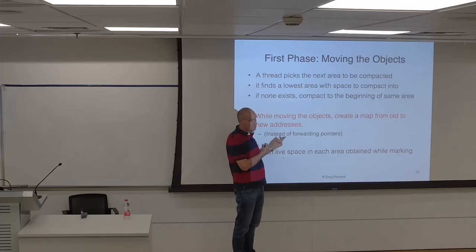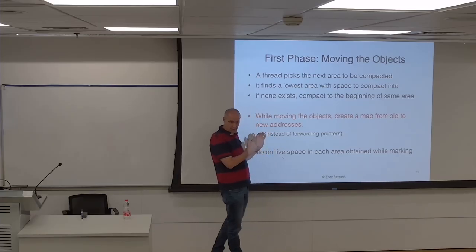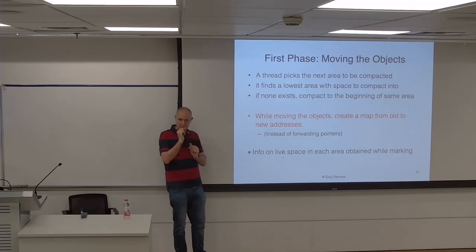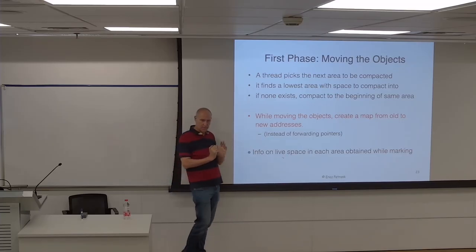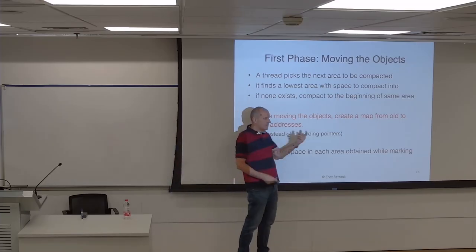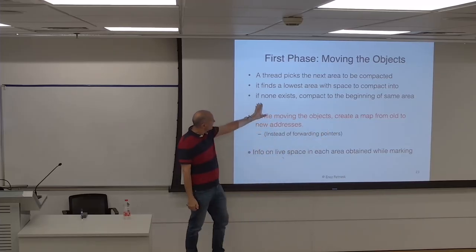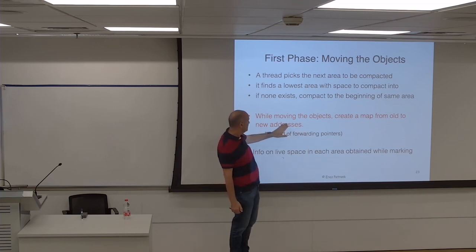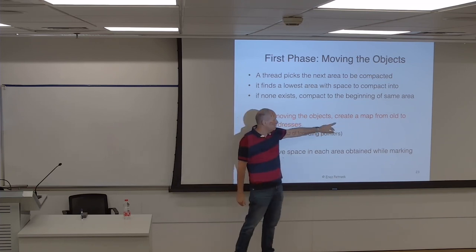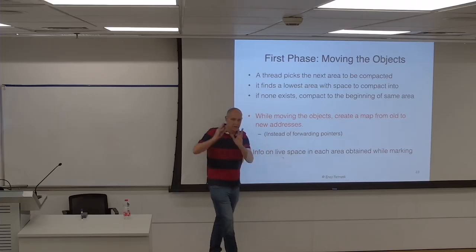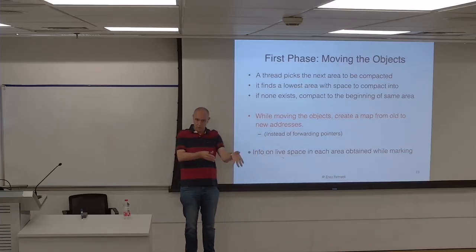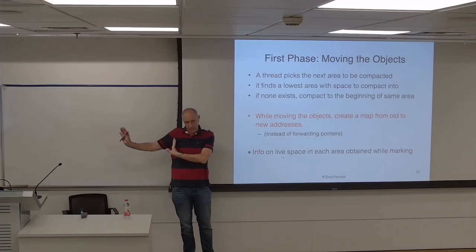And eventually, he did it so well, we'll talk about it, that it was really small overhead, probably less than a forwarding pointer word per object. So when moving the objects, you create a map outside that, if you have an old address, tells you what the new address is. This is like forwarding pointers outside the heap.